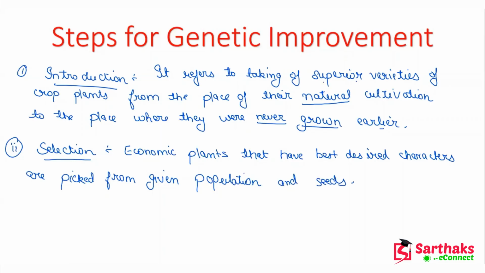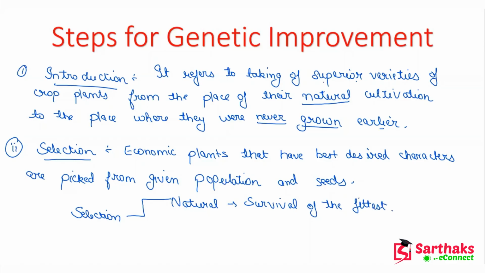Now selection can be done in two ways. The very first one is natural selection, and it is done on the basis of survival of the fittest.